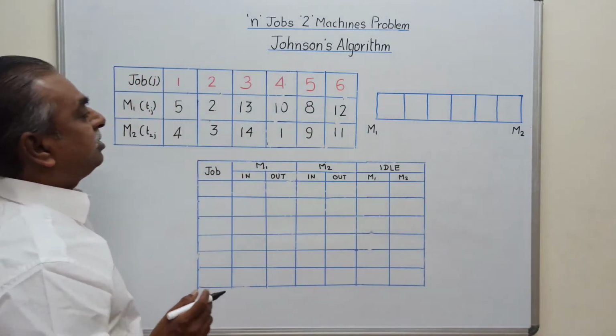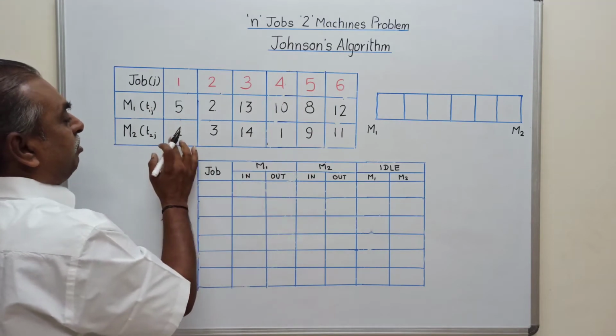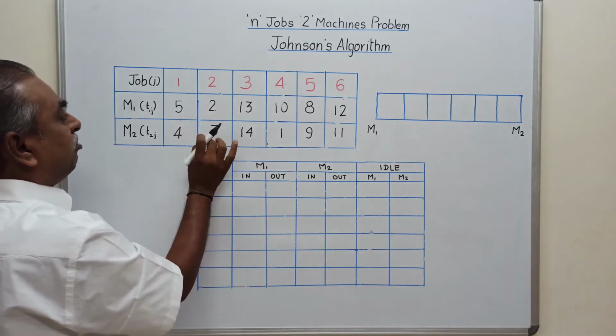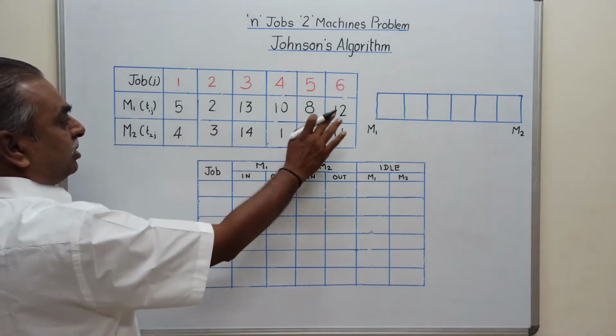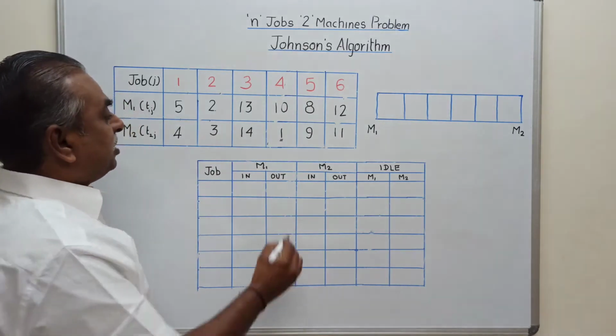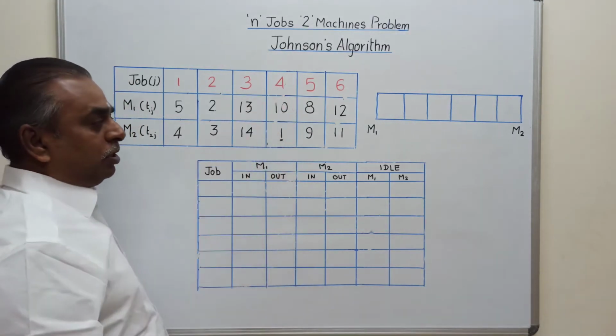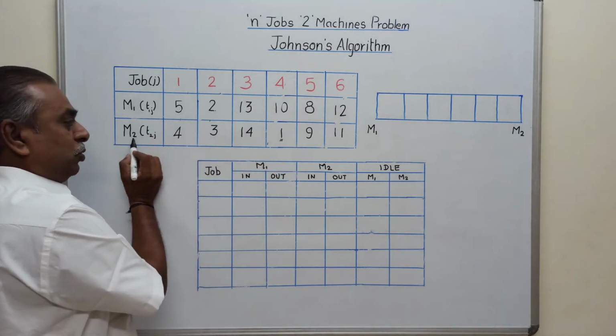As per Johnson's algorithm, we have to identify the minimum processing time and the corresponding job. Here, 1 happens to be the minimum processing time, which is associated with job 4, and this 1 is on machine M2.